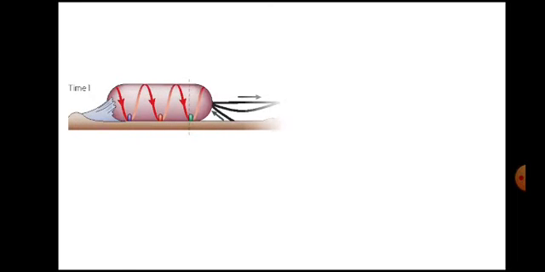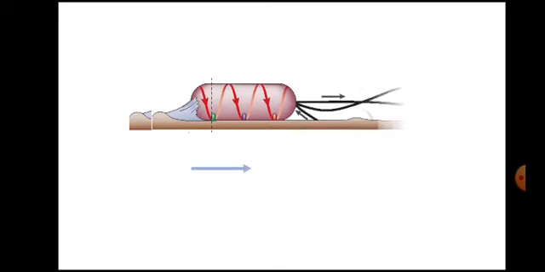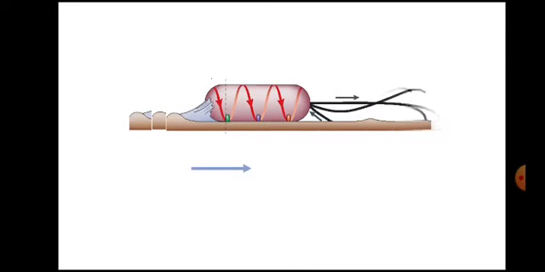This is how it moves in the front direction on the solid substrate with the help of the presence of slime. It can move from here to here.